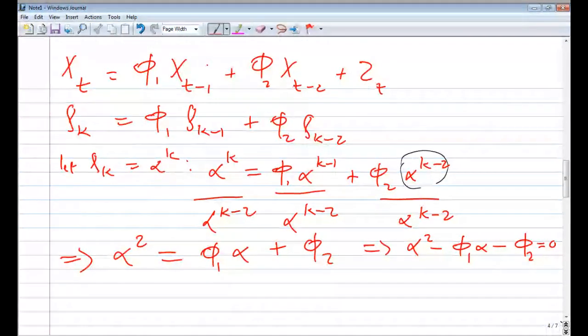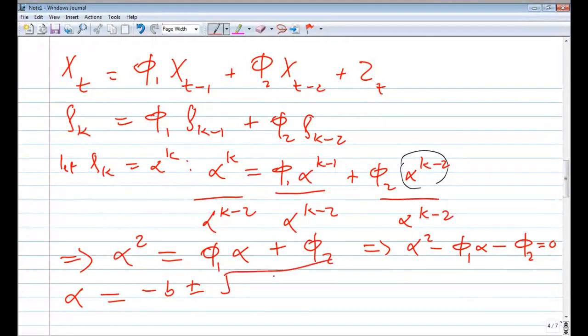In other words, alpha equal to what? You can tell me, if you still recall. Is it not alpha equal to minus b plus or minus the square root of b squared minus 4ac, all divided by 2a? Yes, that is the one. So what is your a? It's 1.